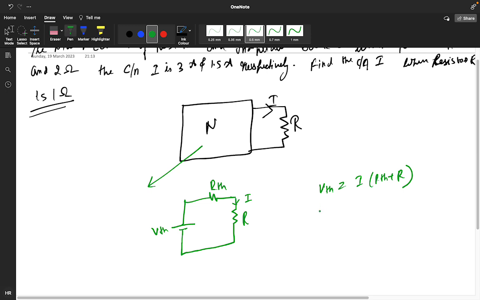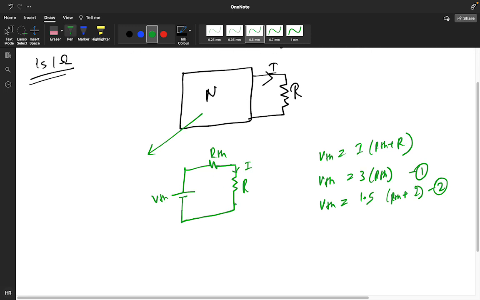Okay, so what is the value of I? Current when resistor is 0 is 3 ampere. So VTH equals 3 RTH. You are getting equation 1. And what is the equation of VTH when resistor is 2 ohm? So you are getting 1.5 ampere current. VTH equals 1.5 into (RTH plus 2). This is equation 2. Solve equation 1 and equation 2.